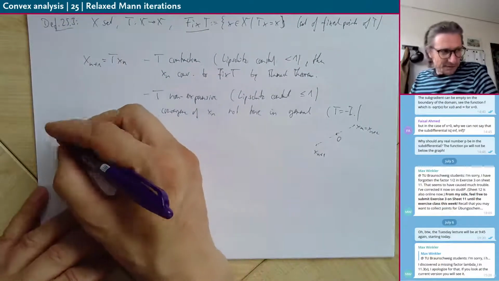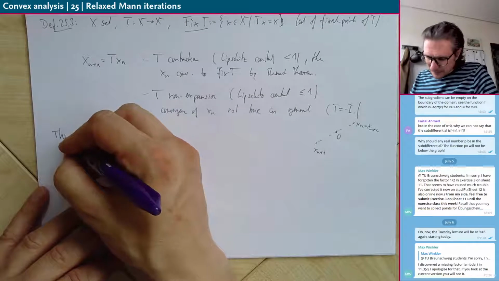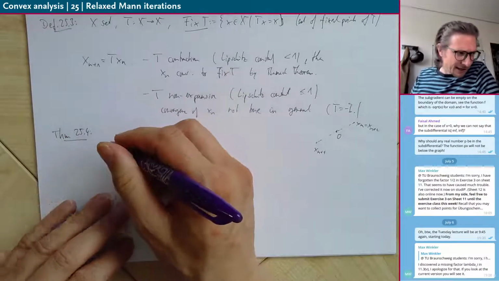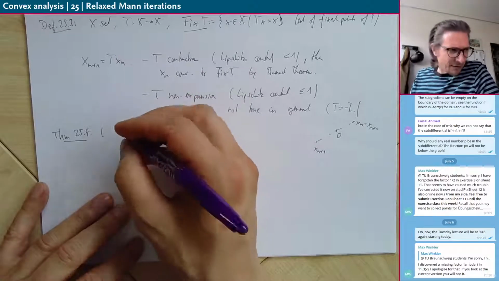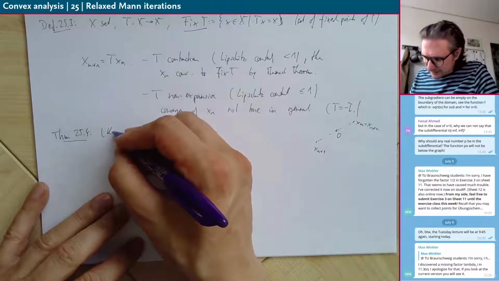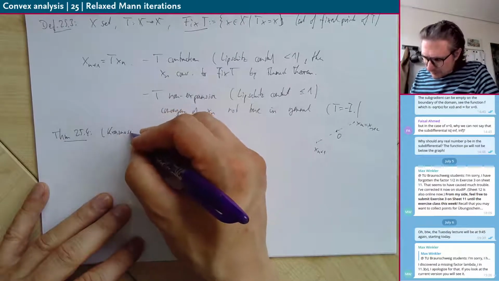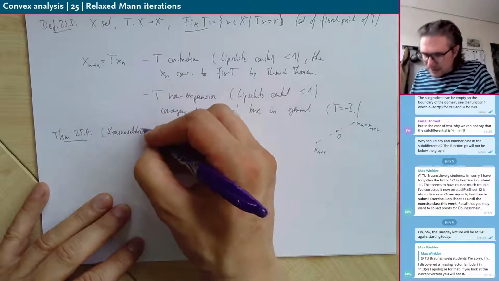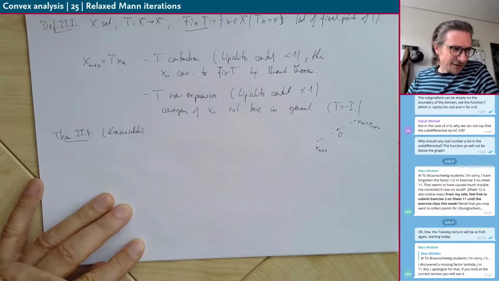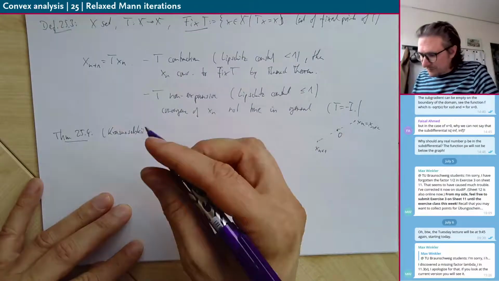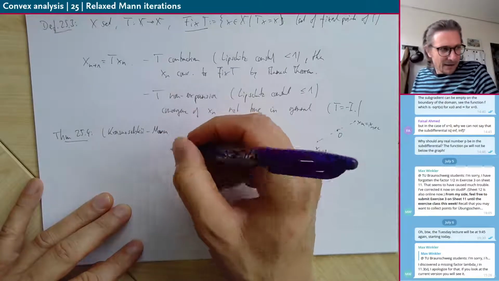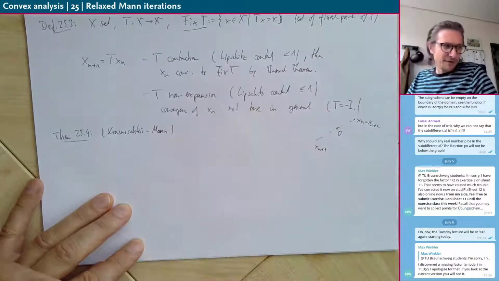So this is theorem 25.4, and this has a complicated name, it goes under the name Mann, but also Krasnoselskii. In the lecture notes I tried to write down a better transcription, but for here this would be enough. And the other name is Mann. So the Krasnoselskii-Mann fixed point theorem.